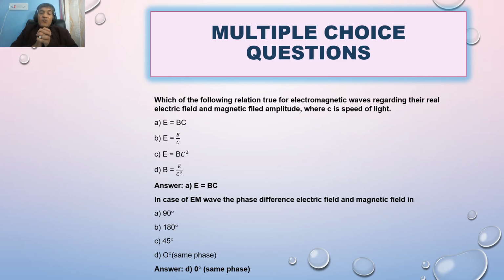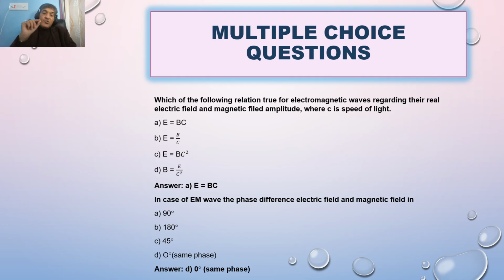So the correct answer is E equal to Bc. By this relation, we have a relationship between the electric field and the magnetic field in free space. E equal to Bc, and c is the speed of light. This relation may change in a material medium, where c is replaced by the simple velocity v, and this v is calculated by v equal to c by n, where n is the refractive index of that particular medium.